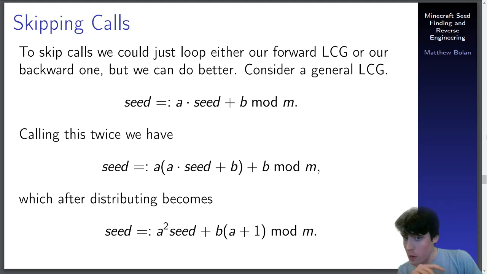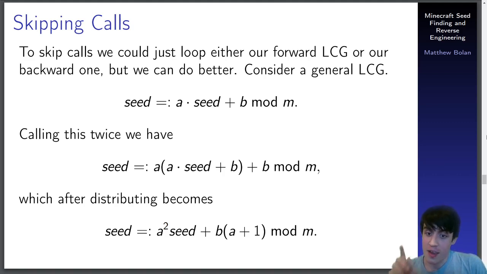But again, I would love to point out, we've got ourselves another LCG. So a squared times seed plus, and then b times a plus 1 is now fulfilling the new role of what our b was before, and still modulo m. So we've managed to take one LCG called twice and turn it into a single LCG that we can call once.